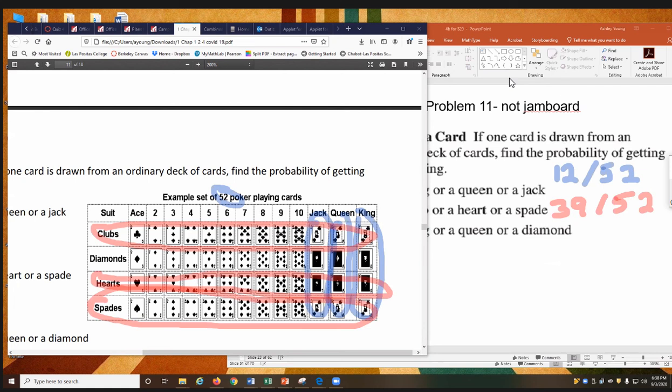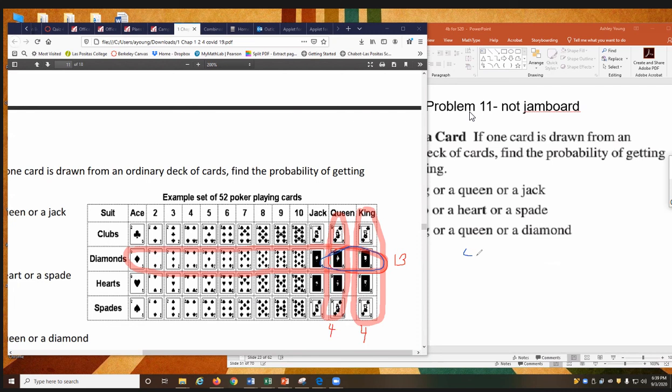However, these 2 here are in both groups. There's overlap. So I need to subtract off 2 of them because I'm counting them twice. They're getting counted in the 4 total and they're getting counted in the 13 total. So it's going to be 4 plus 4 plus 13, minus the 2 that are being double counted, out of 52. So we'll end up with 19 out of 52.